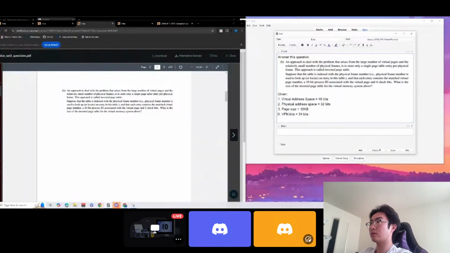And PFN, so physical frame number bits, is equal to 18 bits, right? Okay.